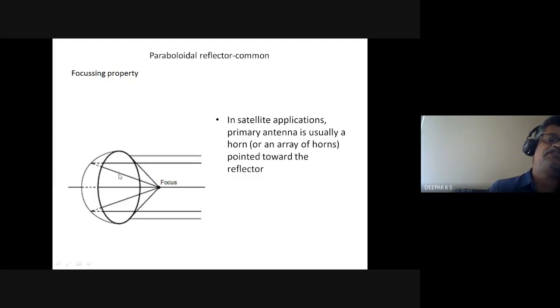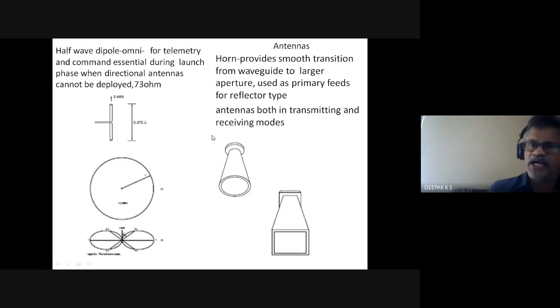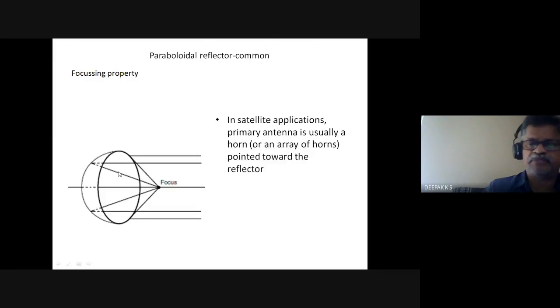Or in the reverse direction, signals are received, focused onto this horn, and taken through the waveguide. So this is a focusing property, and basically we have a paraboloid reflector, which is commonly used, and a horn antenna, which is used as primary feed for this paraboloid reflector. And this antenna, the half-wave dipole, is used for launching purposes.